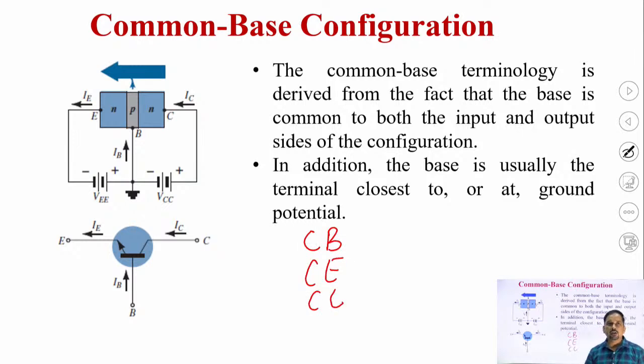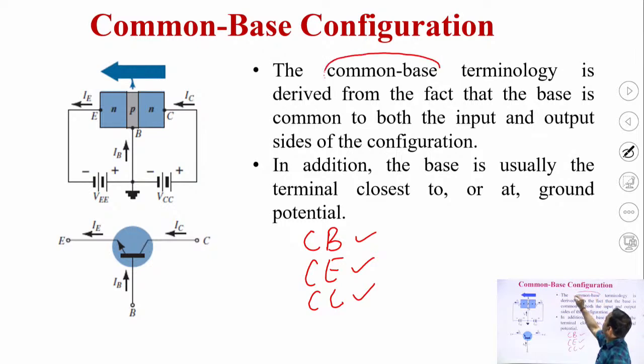First we will see the working of all three configurations. We will see what the application areas of the common base, common emitter and common collector are. Also we will see the characteristics, the input characteristics and the output characteristics. We will see what characteristics are here. First we will start with the common base.